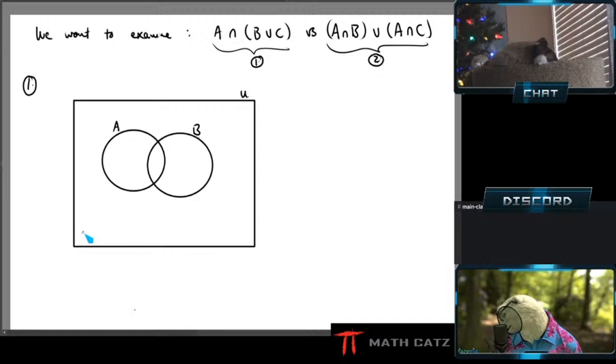Covers every possibility. There's an outside, there's an overlap, there's something in just one set, something in just the other set. But when I now want to position another set C, I need to cover all potential overlaps that could occur. It has to be positioned over here.